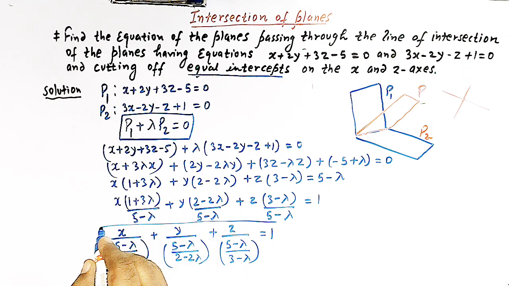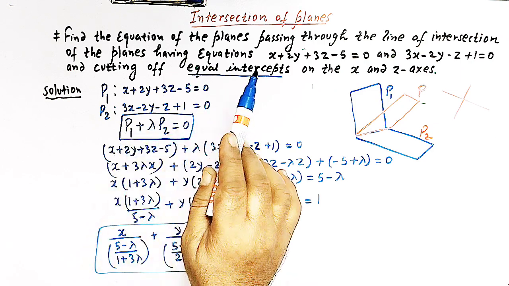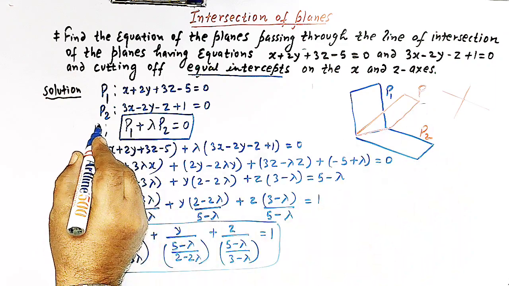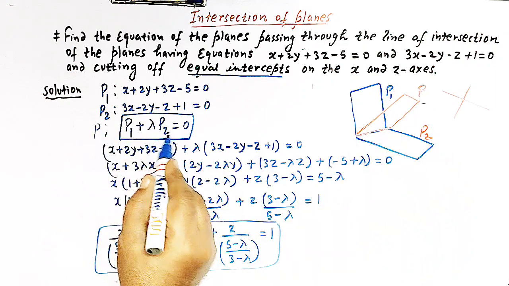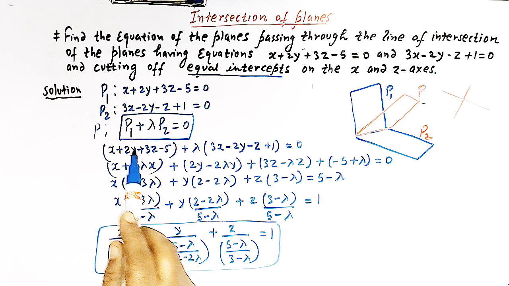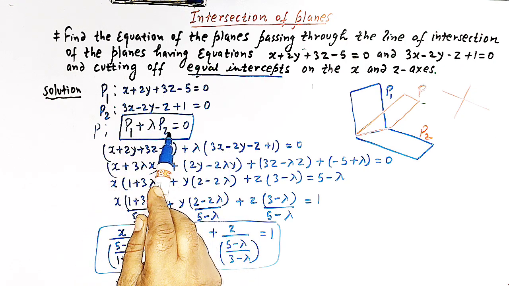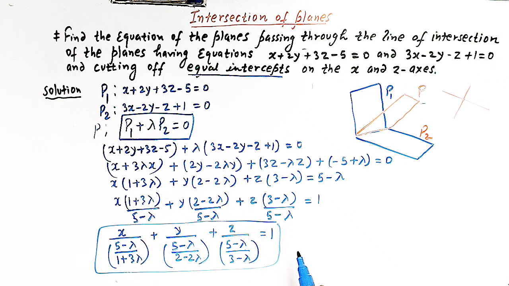So what we have done here is written the equation of the plane P, given by P1 + λP2 = 0, substituting the values of P1 and P2, and we have arrived at this equation.